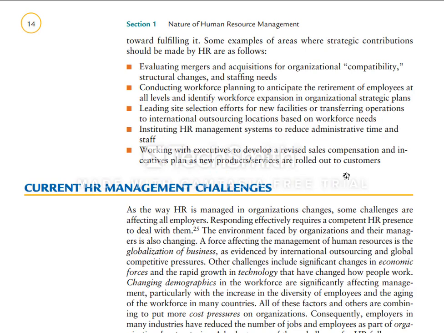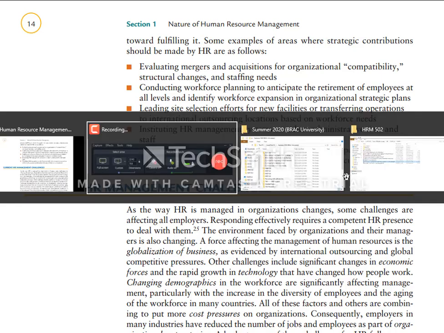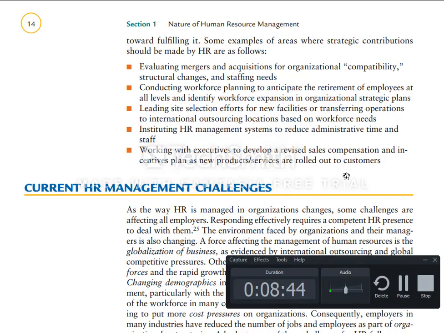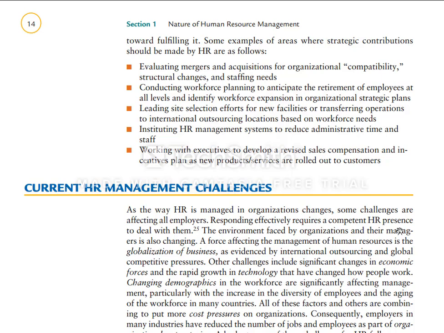So these are a few examples that HR can do in order to show more contribution to the organization. So you can have a look at it. If you have questions over here, you can ask me later in consultation.